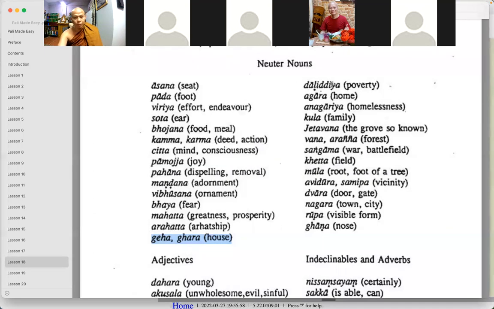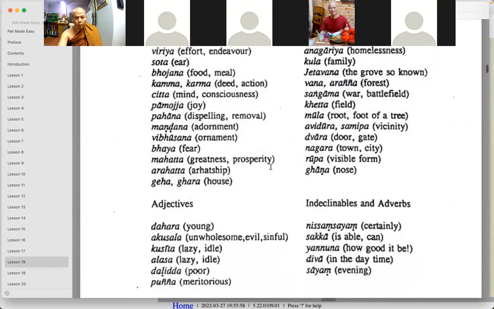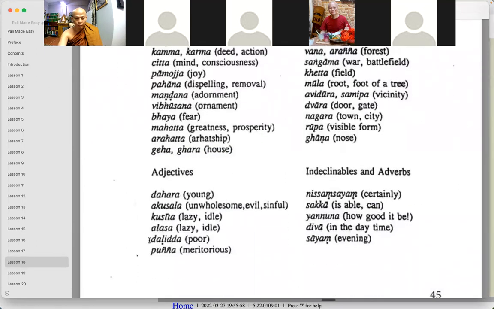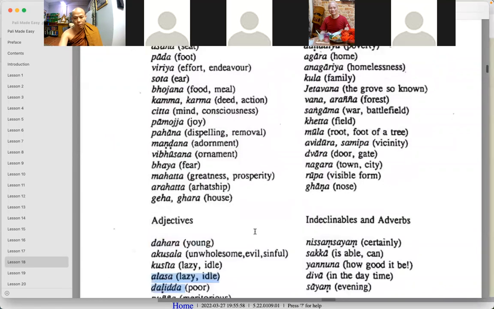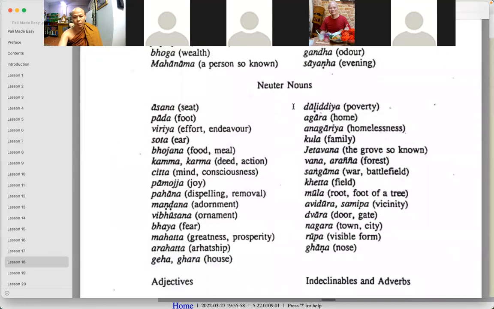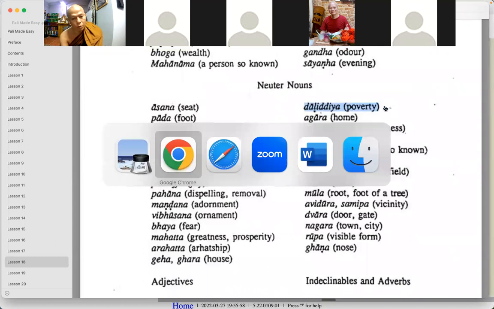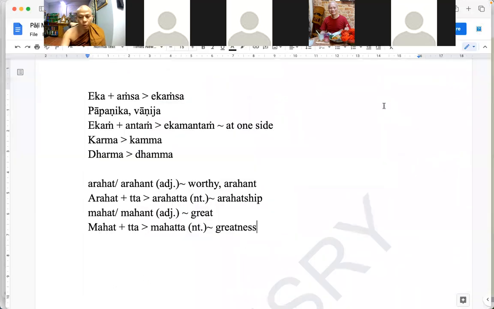And then daliddiya. That one also is from the adjective form, you see here daliddo. The adjective daliddo means poor, and its noun form is daliddiya. That one also is the same as this group, another suffix.